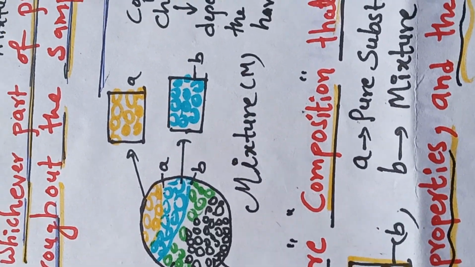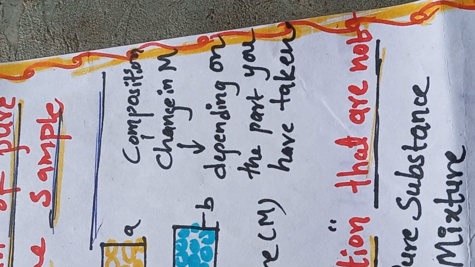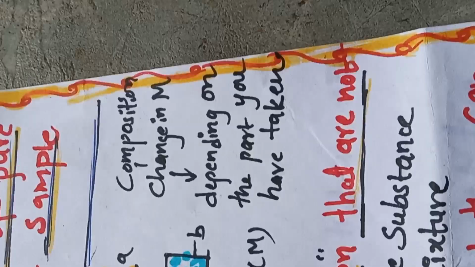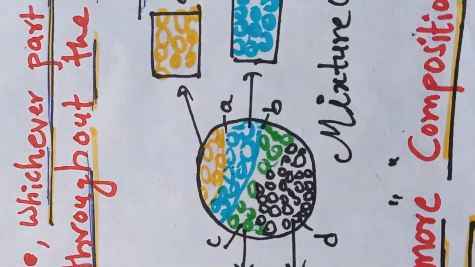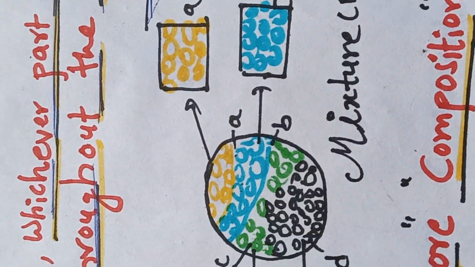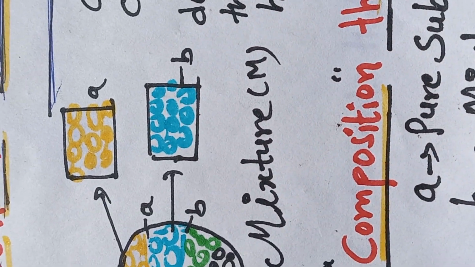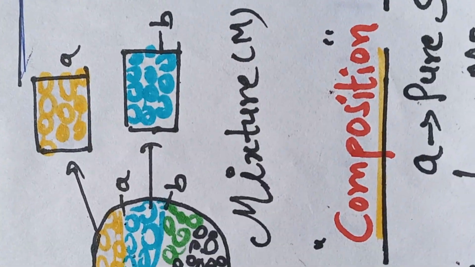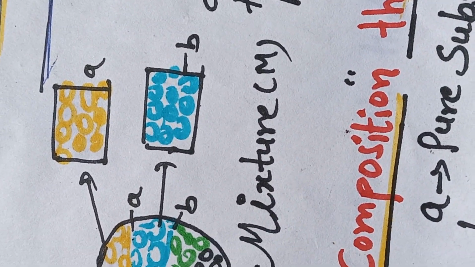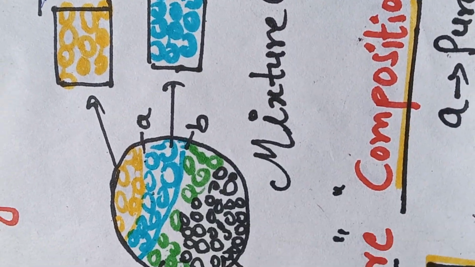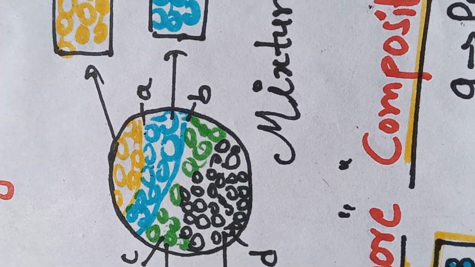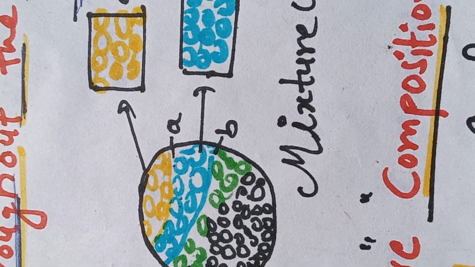If we take a part, the composition will change depending on the part you have taken. If we take the A part, it looks yellow, and if we take the B part, it looks sky blue. So the composition depends on which part we are taking.